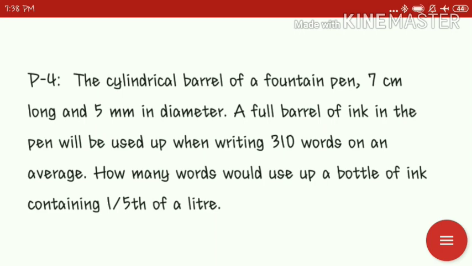Now we fill up the ink from a bottle in which 1/5 of a liter of ink is contained. If we use all the ink from that bottle, how many words can we write? That is our problem. Think about it yourself and do it by pausing the video, and then come to my solution to match yourself.